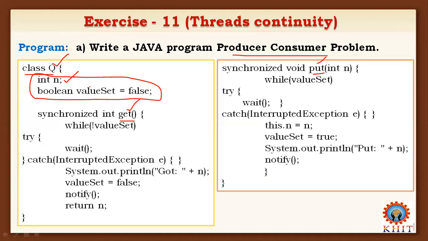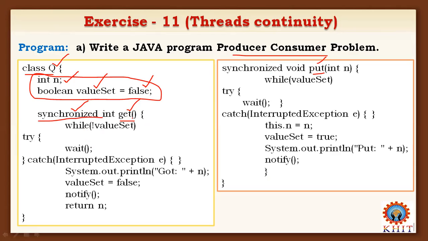Whether it can be accessed or not depends on the boolean variable valueSet. So the producer process using the put method and the consumer process using the get method need to be synchronized in a proper way. Only then will we get proper communication while producing or consuming data items.